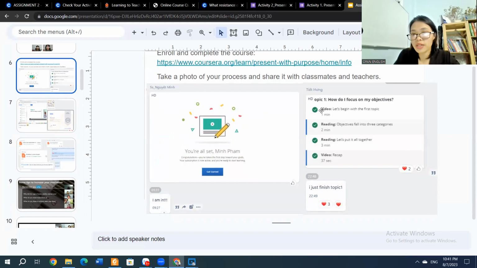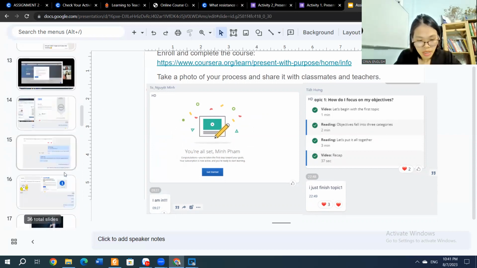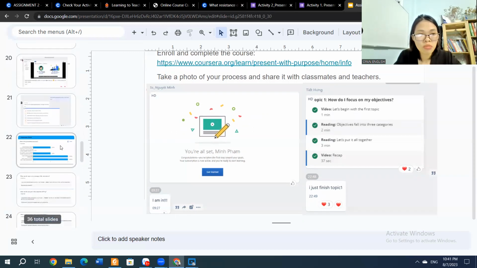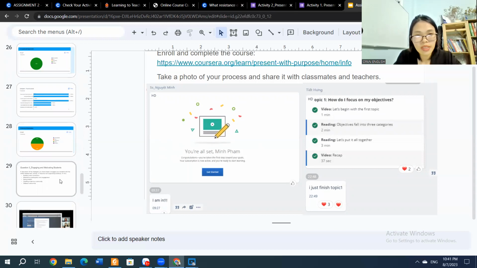For example, when they complete something and it is checked, they share the result with the class. I just like to motivate them.